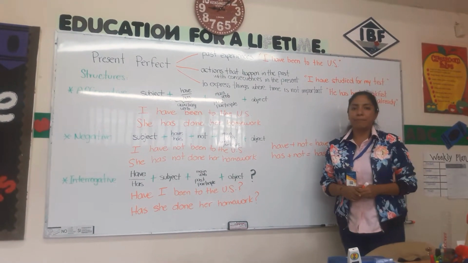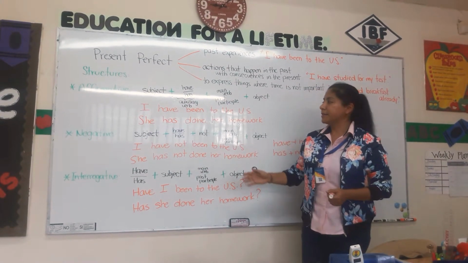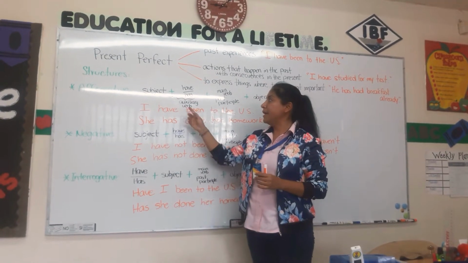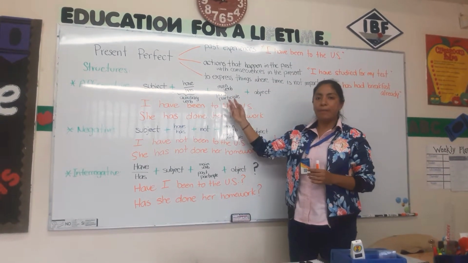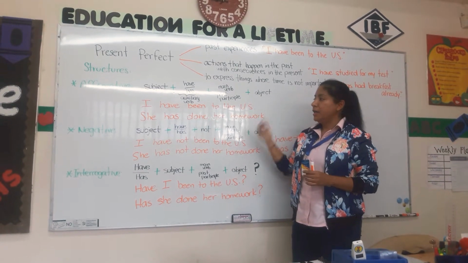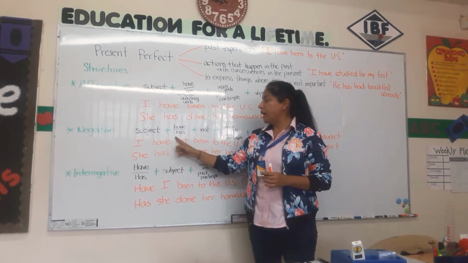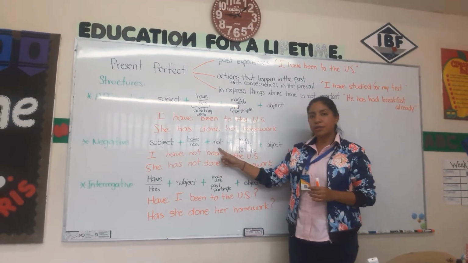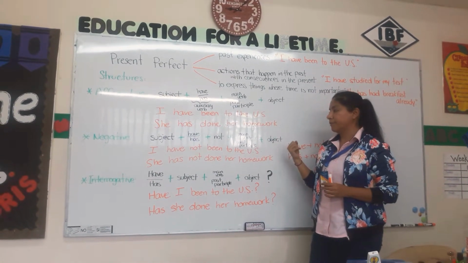So let's recap. The structures of the present perfect are like this. We always start our sentences with the subject, and then the auxiliary verb in the present tense, our main verb in the past participle, and the object or complement of the sentence. Then in the negative, we need the subject first, our auxiliary verb in the present, the negative word not, the main verb in past participle, and the object.